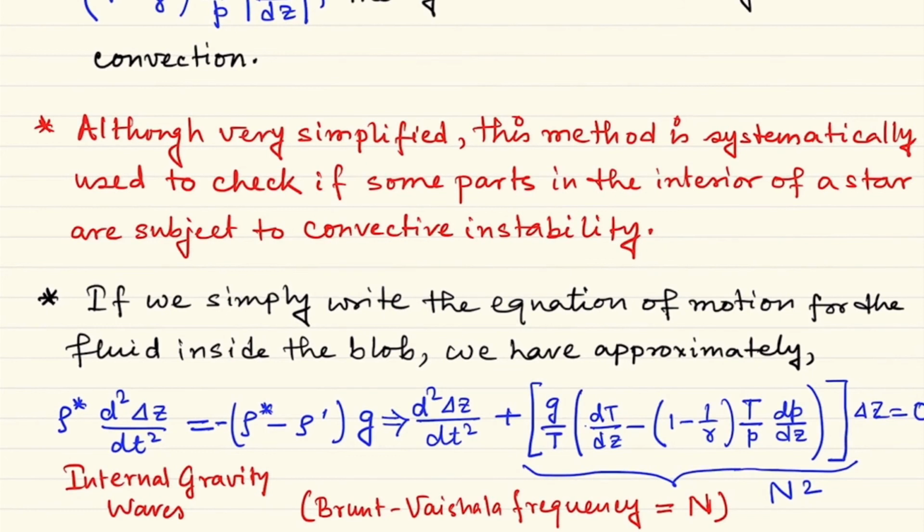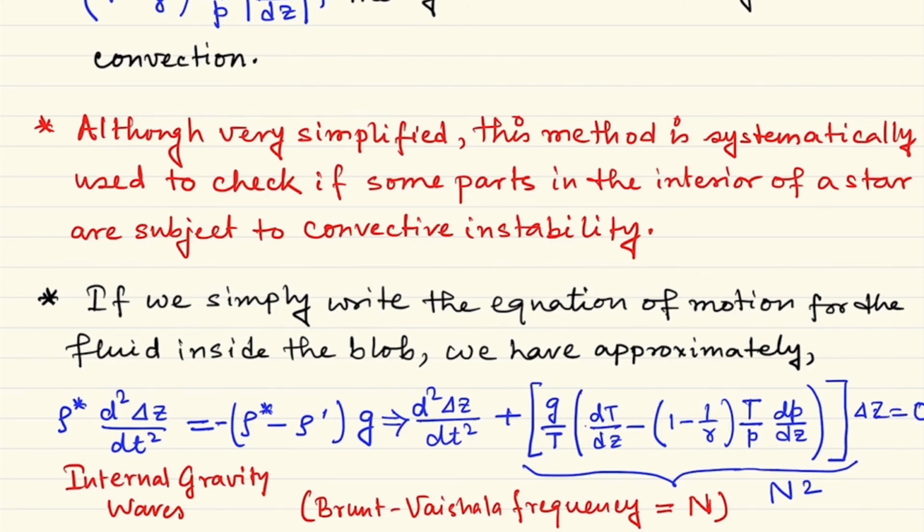So if this is positive, then it is nothing but the square of a frequency, the frequency of the oscillation.